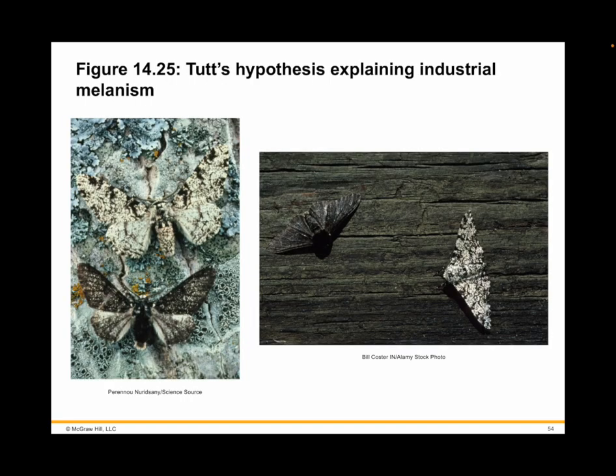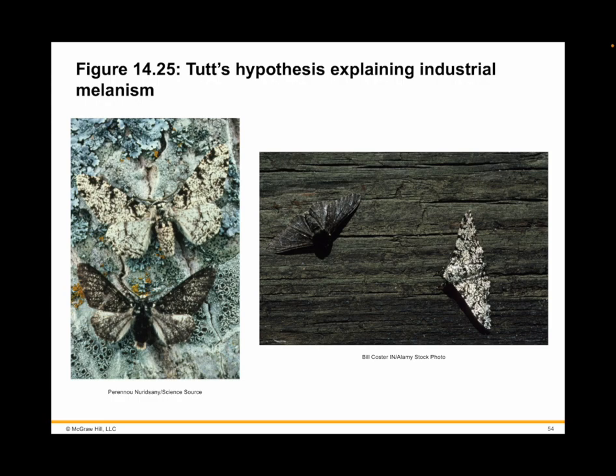Dozens of other species of moths have changed in the same way as the peppered moth in industrialized areas throughout Eurasia and North America, with dark forms becoming more common in the mid-19th century onward as industrialization spread.